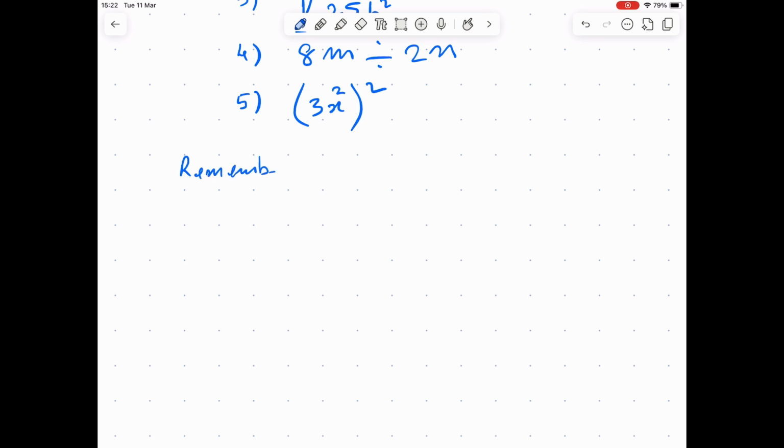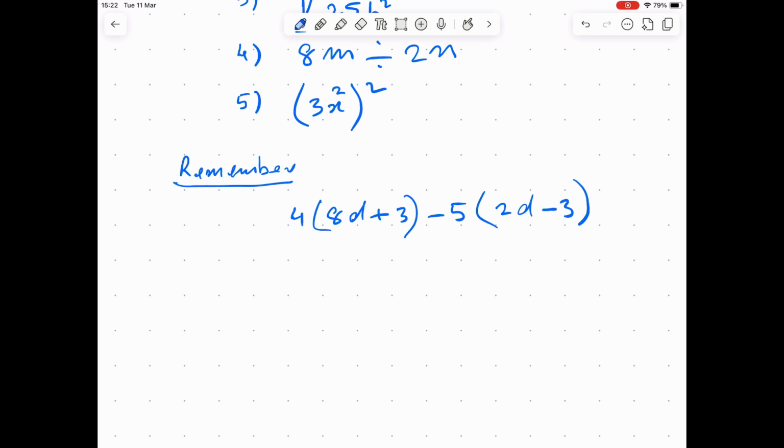Remember, now if you look at the second bracket, before that is a minus 5. I just want to show in here that if there is a minus outside the bracket, then the inside signs will change.